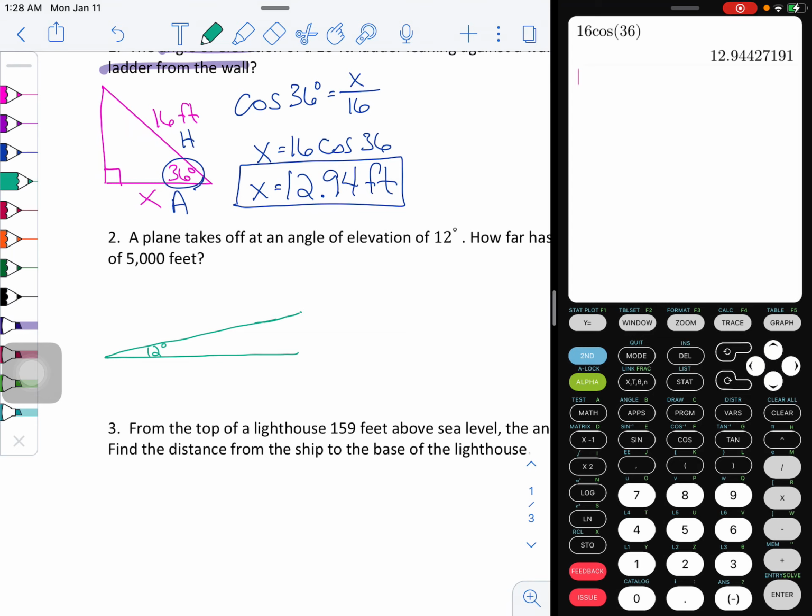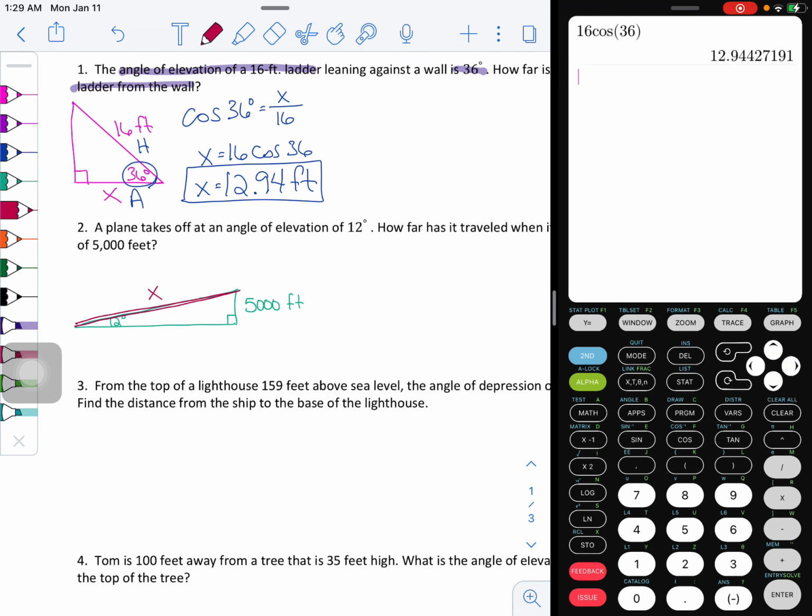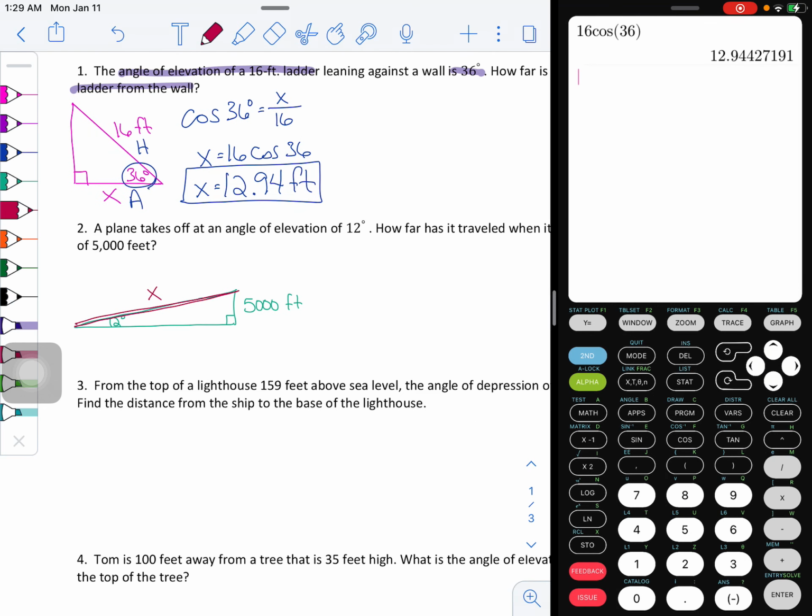Okay, so altitude is going to be the distance from the plane straight down to the ground, forming a 90-degree angle. And this is going to be 5,000 feet. And it's asking how far has the plane traveled. Now, the path of the plane is this hypotenuse right here. So that's the part we're going to mark as X. All right, so just be careful about that.